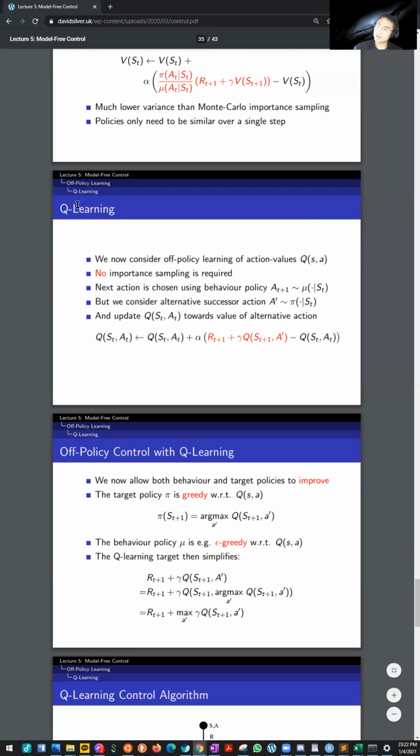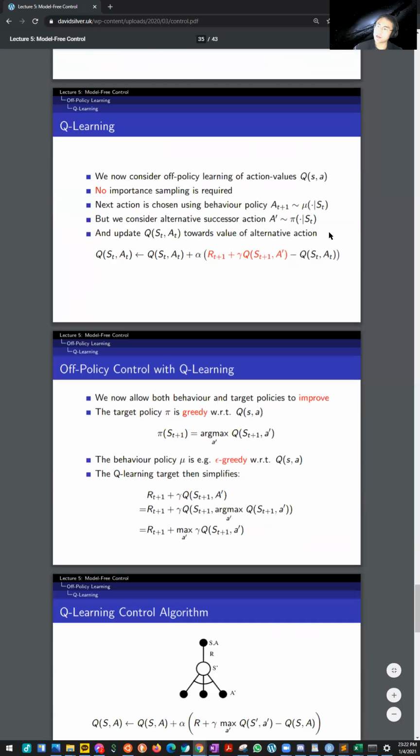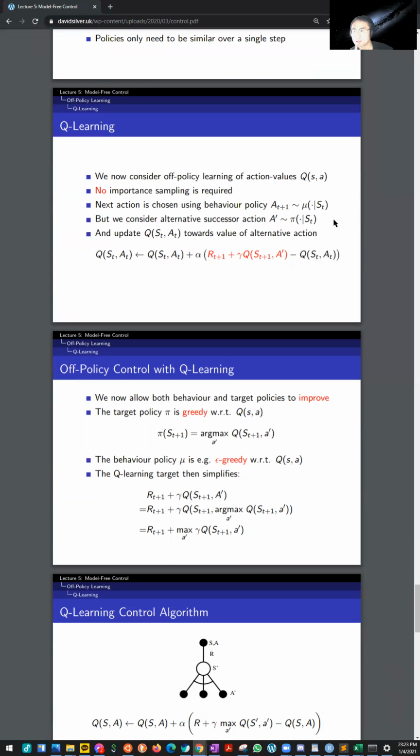The interesting idea of Q learning is that the action selection policy is chosen by, let's say, policy A. Our actual actions are determined by policy A, but we update our Q value function based on another policy.